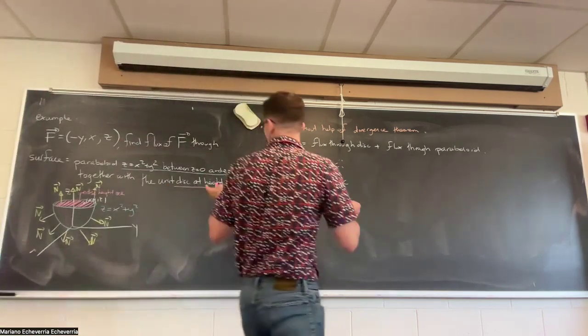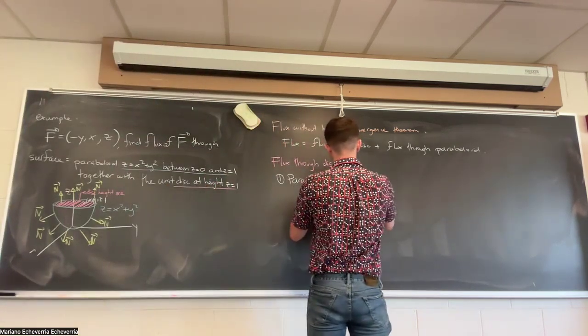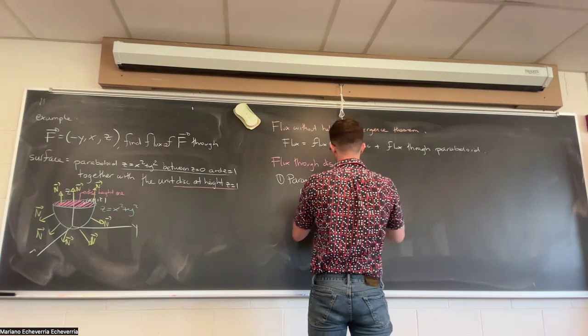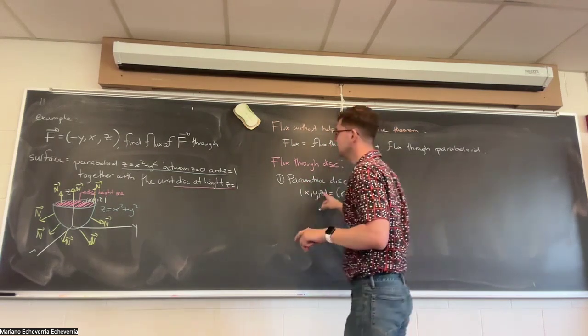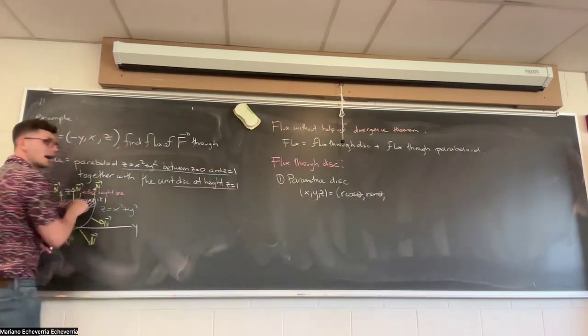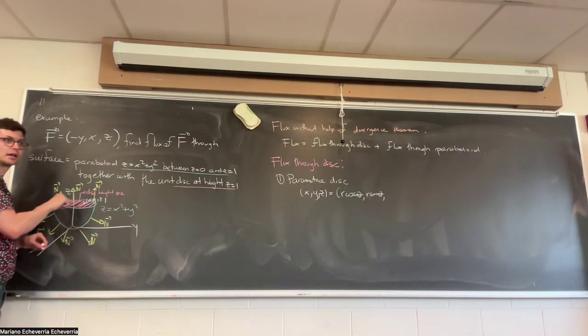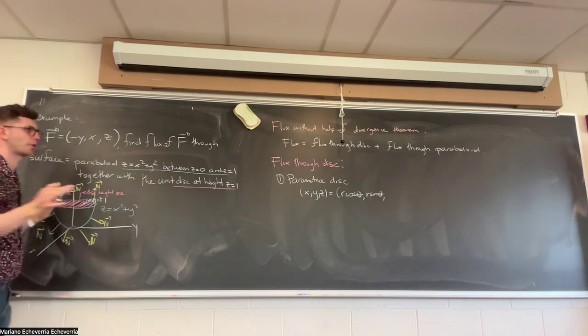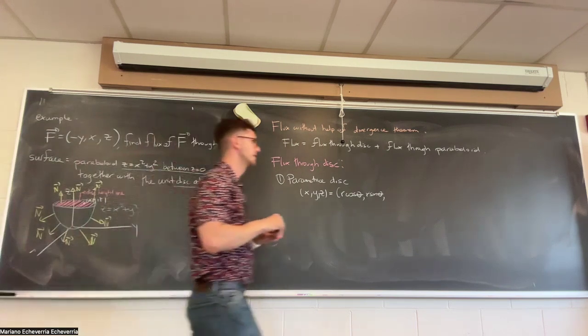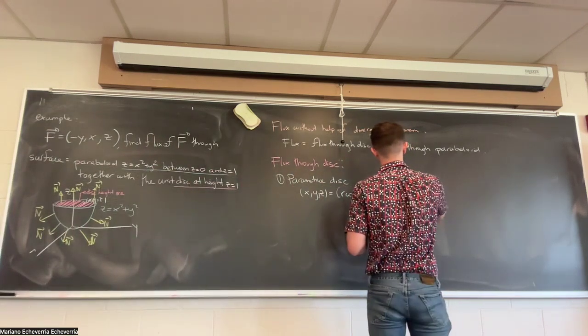So x is r cosine of theta, y is r sine of theta. And what is z in this case? The disk is at height 1, so you can replace z with 1 because it's a constant height. That's the most important part to notice, because it's height 1.